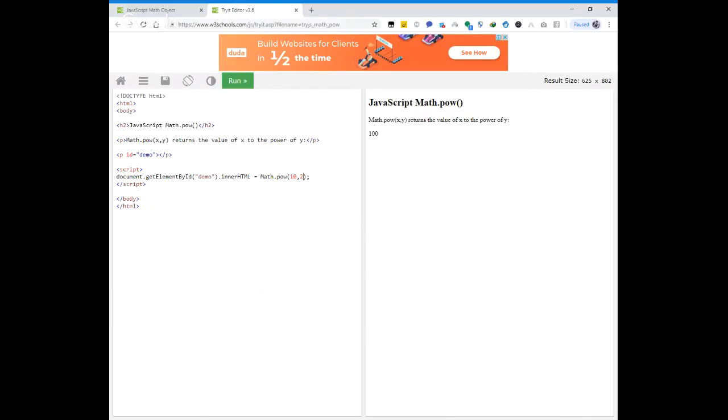What if I want to calculate the cube of a number? Just write that number and write the exponent. If I want to calculate the cube, I will write 3. If I go to the power 4, I will write 4, and it will give the answer. The rest of the statements are like the previous one. document.getElementById demo. The demo is assigned to this function.